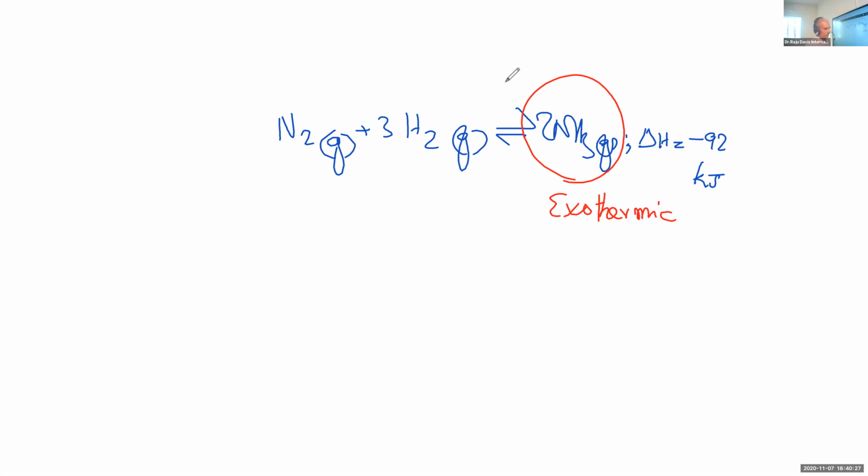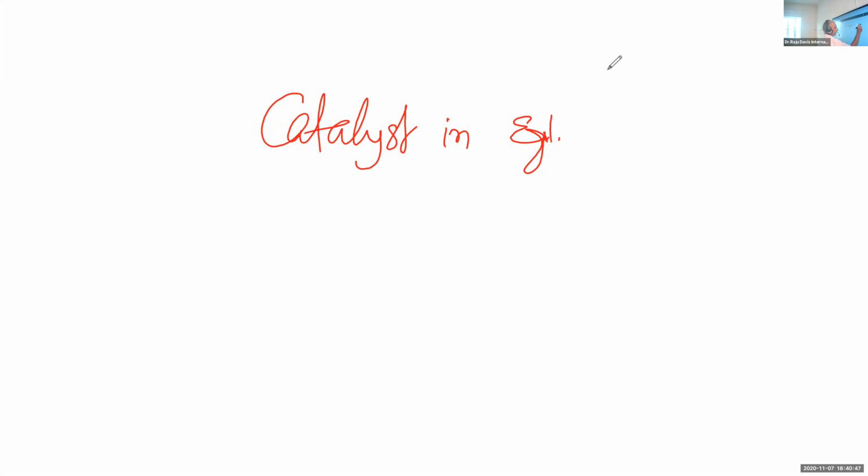So we have seen the application of Le Chatelier's principle on equilibrium: change in concentration, change in pressure, change in temperature. Now let us think of one more factor, that is catalyst. What is the role of a catalyst in equilibrium condition?